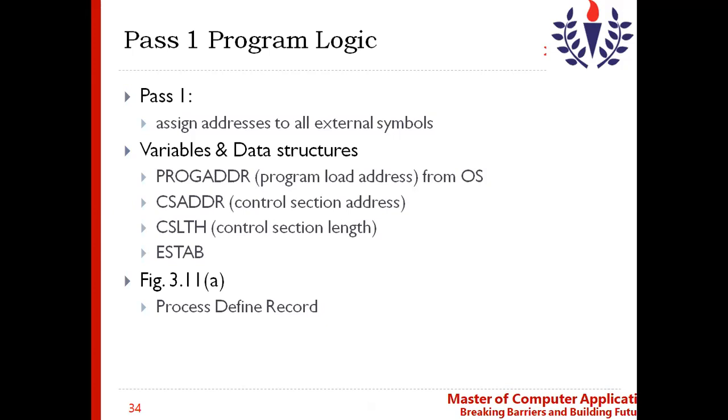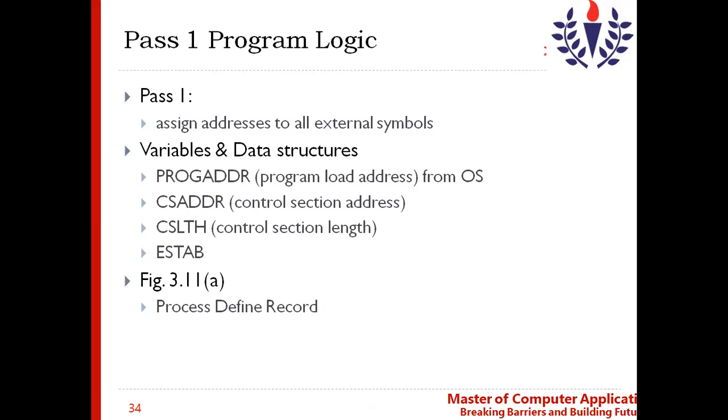The operating system handles the memory; memory management is one of the important roles of the operating system. So it provides the load address to the program, to the control sections. That program address is nothing but the load address from the operating system.